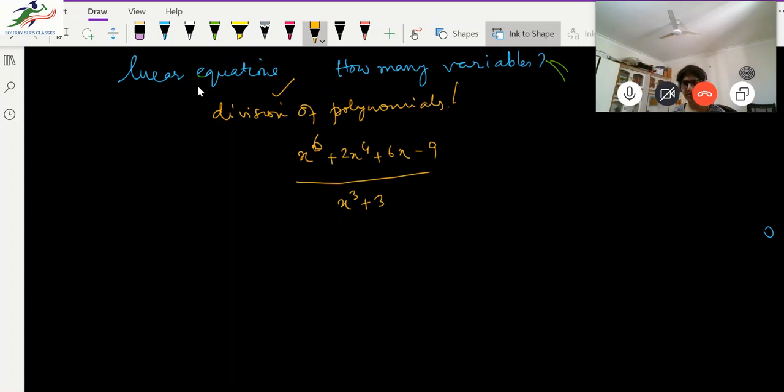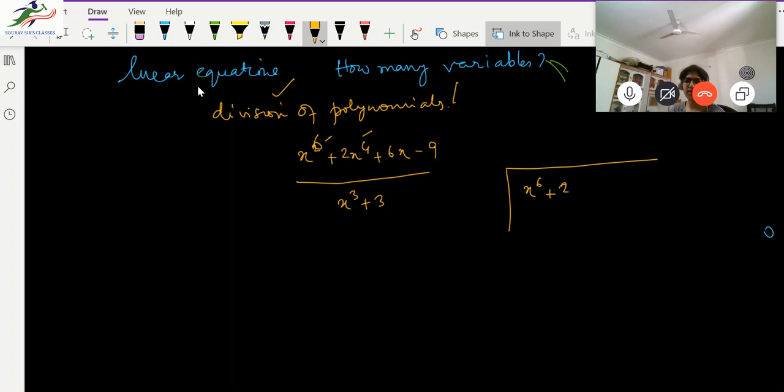We can divide it by the long division method. It is just like any normal division, exactly the same way we did in school in our earlier classes. The only thing is we have to be a little careful. In this case, x to the power 6 and x to the power 4 are given, but x to the power 5 is missing.